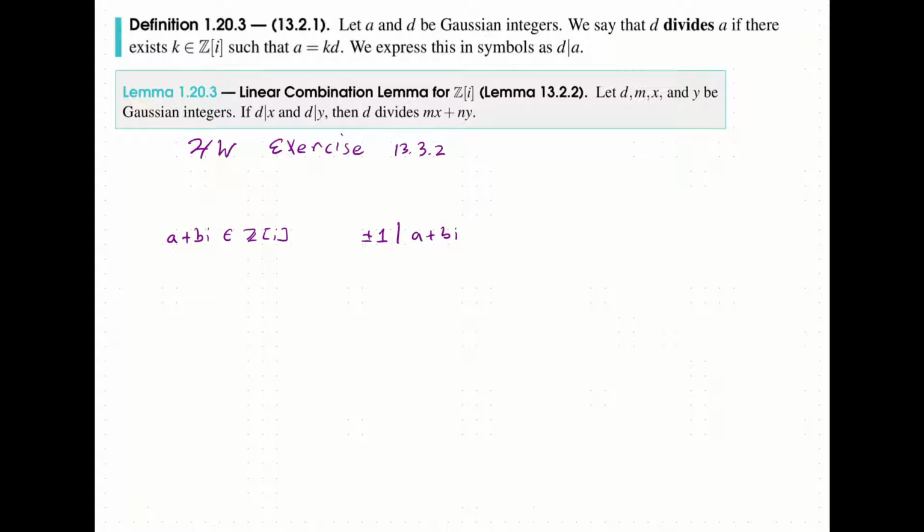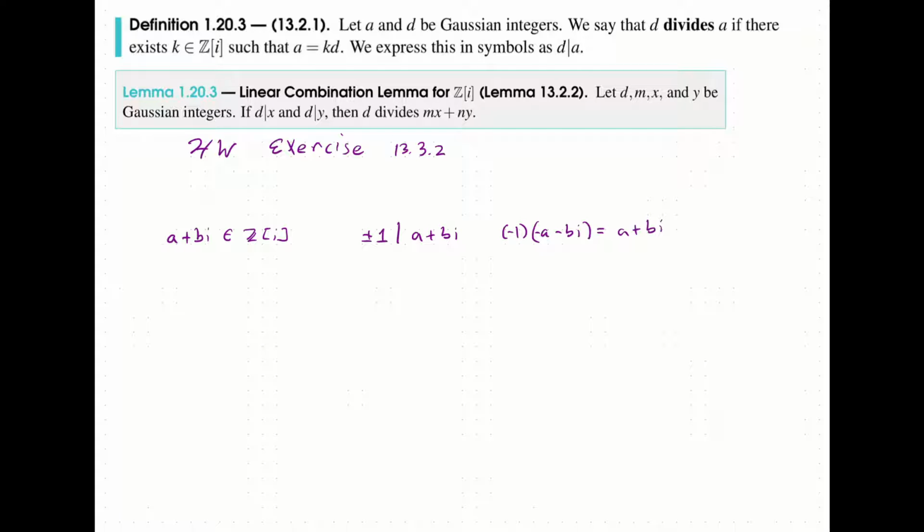We always have that 1 and negative 1 divide these, because of course we can write a plus bi as this negative and then put a negative here. And then in doing so, we're going to get a plus bi. So negative 1 does divide a plus bi.